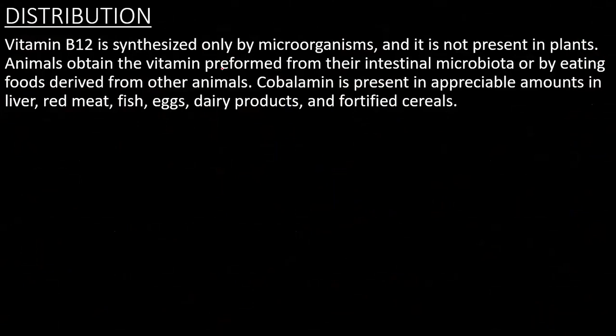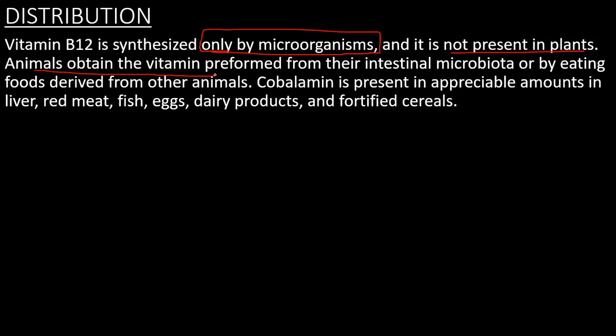Now, distribution. Where can you get this B12? It is synthesized only by microorganisms. Please note that. Bacteria, anaerobic bacteria. It is not present in plants. So vegetarians must be given supplements because they cannot find it in plants.